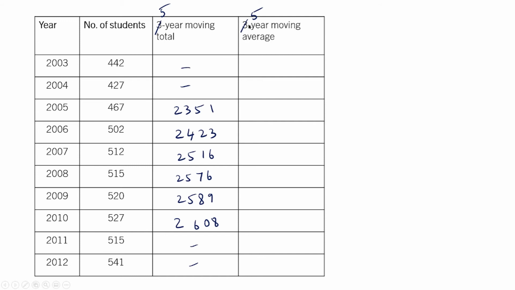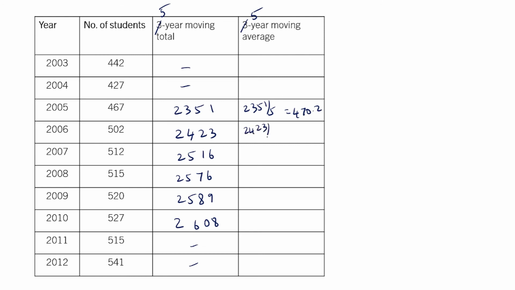Now to find the 5-year moving average, we have to find the average of these 5 years data. We already have the 5-year moving total. If we divide each of these values by 5, we will get the 5 years moving average. So here 2351 by 5, it is 470.2.